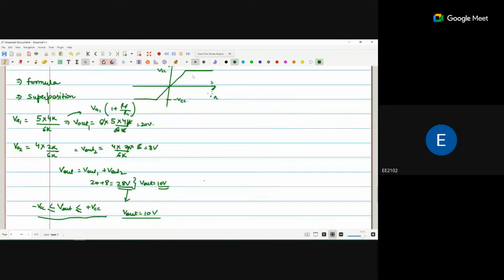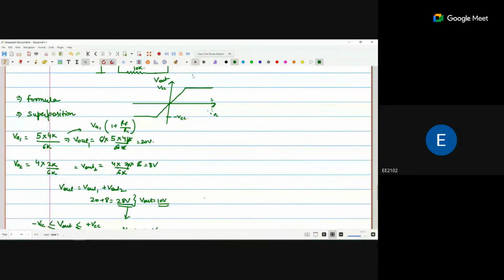Why? Because the curve is like that. On the x-axis it is V in, and on the y-axis it is V out. You increase the V in, the V out increases. But after a certain point, if you increase the V in, your V out stays constant, and that constant voltage is VCC. Similarly, in the negative direction, if you decrease the V in, your V out decreases, but after a certain point it stays constant at minus VCC.